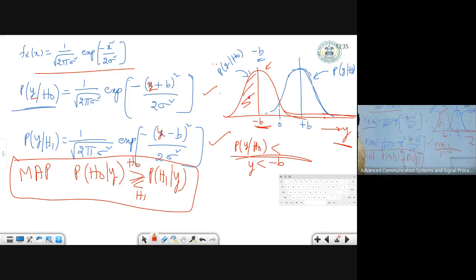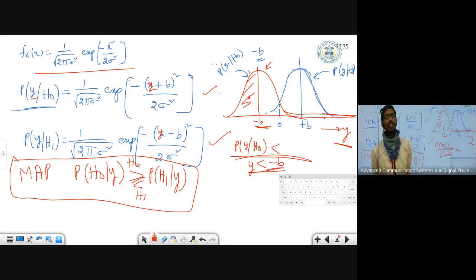Probability will never go beyond 1. So my intention is, what is the probability of y taking the values less than minus b. Y can take any values from minus infinity to plus infinity. So what is the probability that y will take the values less than minus 10? Y will take the values minus 10, minus 20, minus 30, minus 40, minus 50, minus 100, all the values.